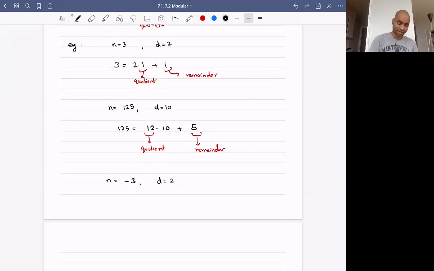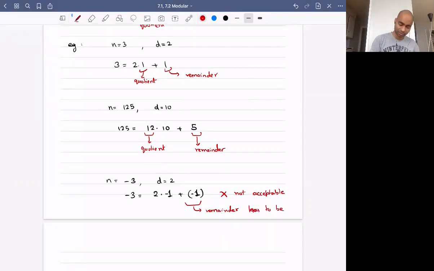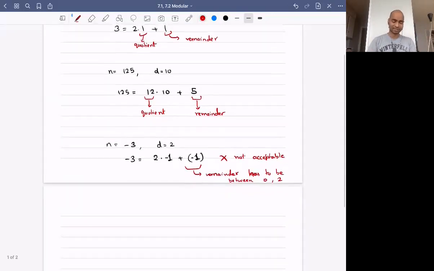If I just naively say that -3 = 2 times -1 plus -1, then this is not okay. Why? Because I'm saying that my remainder has to be between 0 and 2, and -1 does not lie in that range: 0 inclusive, 2 exclusive. So this is not a valid way of writing quotient and remainder.